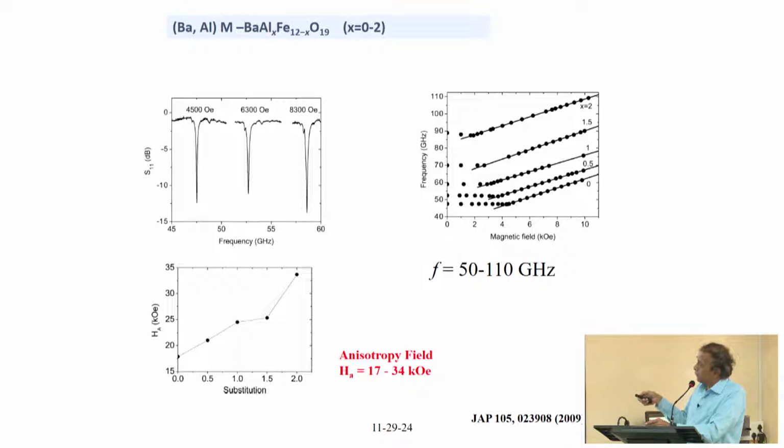So, these are the frequency versus magnetic field for a series of aluminum substitution. As you see here, you can reach a frequency as high as 110 gigahertz with this aluminum substitution. There are devices operating at this frequency. They are used for satellite communication. So, the hexagonal ferrite based devices are very useful for this kind of frequency range.